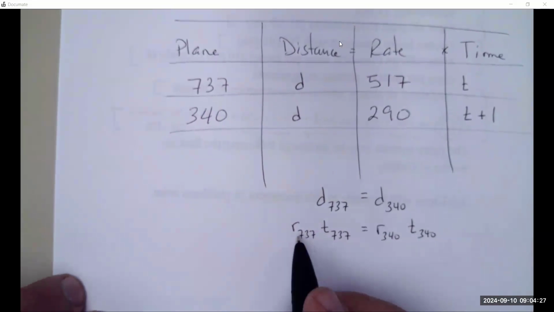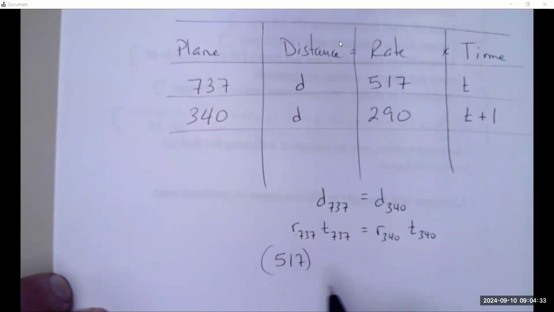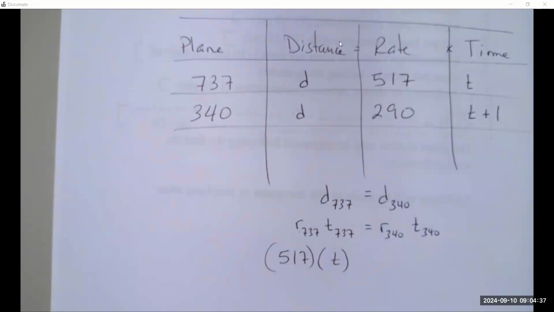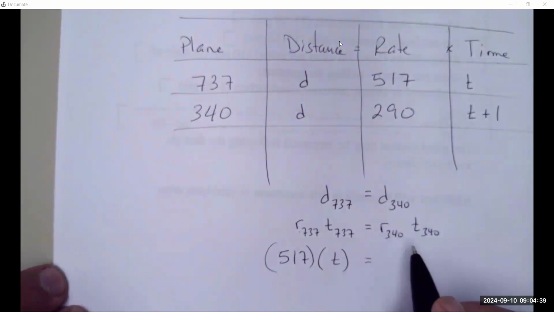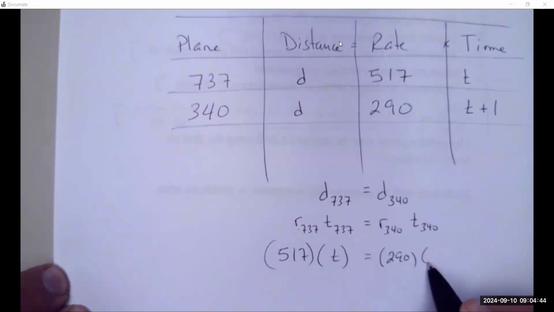But anyway, so what's the rate of the 737? 517 times its time is equal to 290 times its time, which is t plus 1.